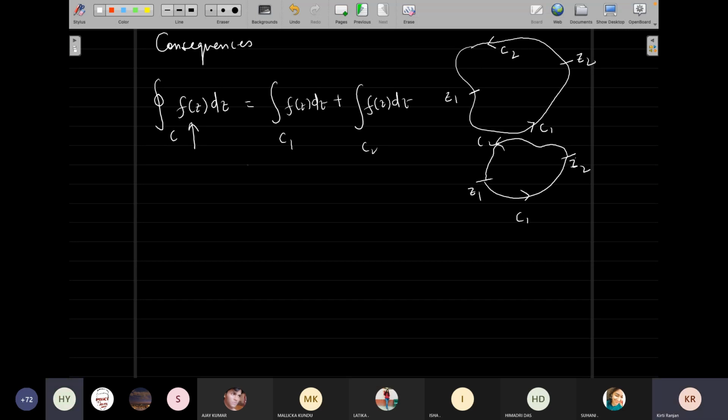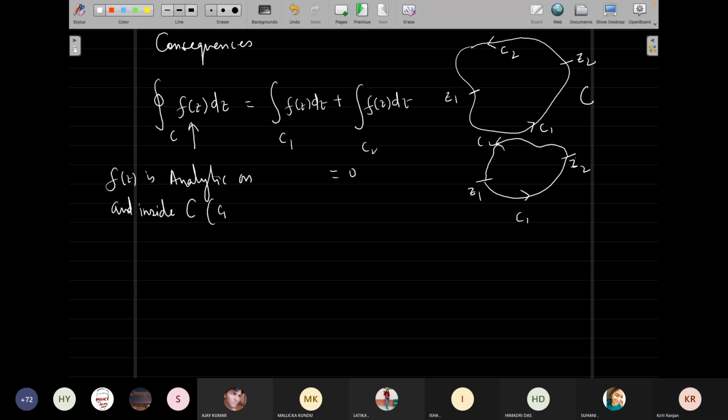This result is 0. So f(z) is analytic on and inside the whole path C1, C2.